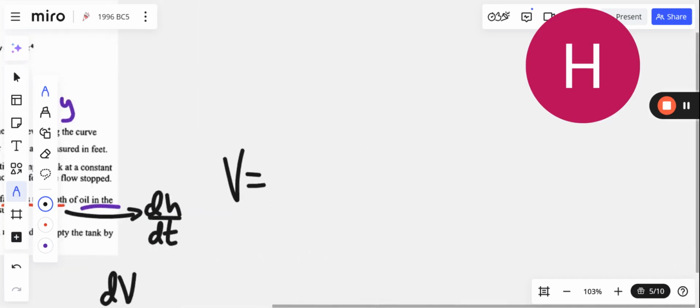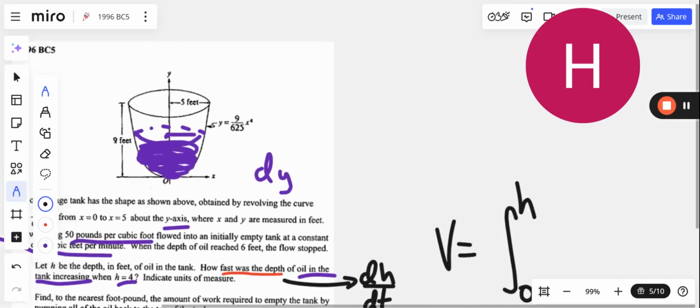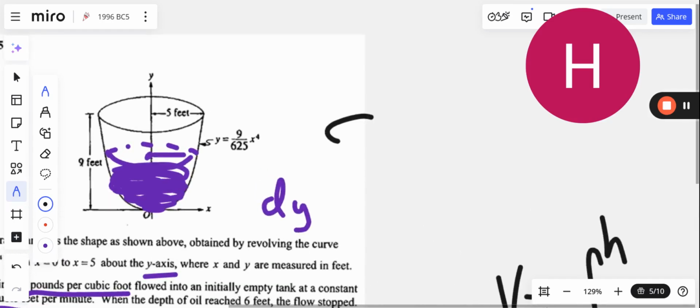So we're going to basically take an integral from height 0 to h of these disks. Each one of these disks, and we're going to be integrating with respect to y. So each one of these disks has a radius equal to x, but we have the equation y equals f of x.